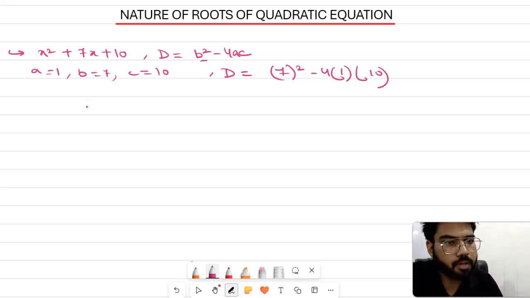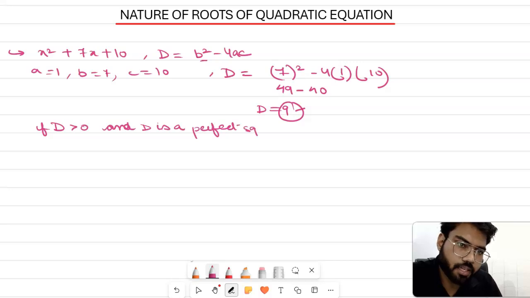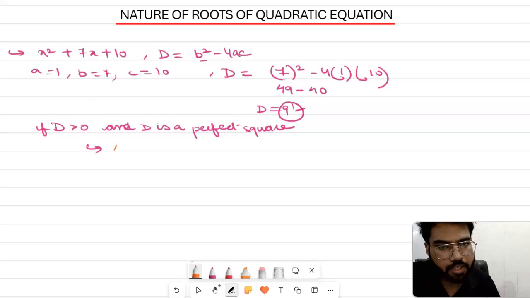So now this will become 7 square is 49 minus 4 into 1 into 10 will become 40. So d comes out to be 9. And we know that 9 is a perfect square. So this is case number 1. If d is greater than 0 and d is a perfect square, in that case we will get real and rational roots.